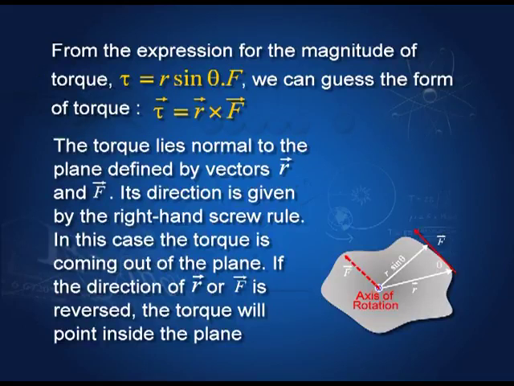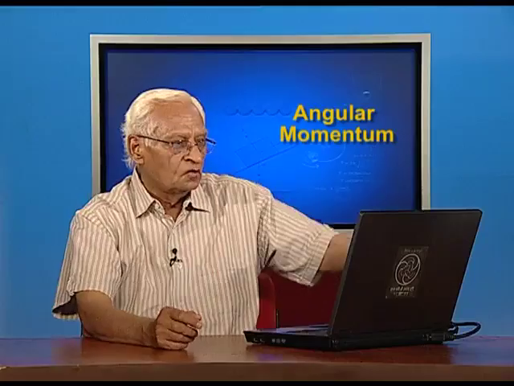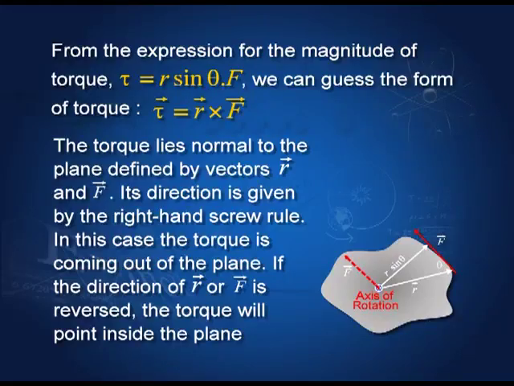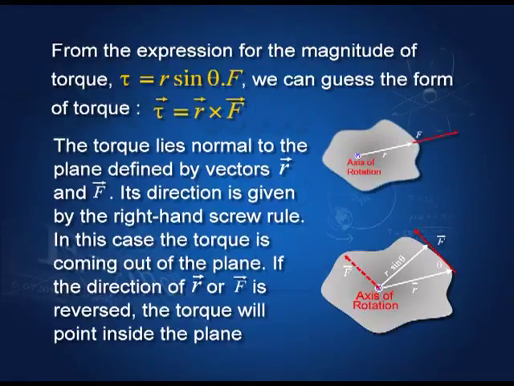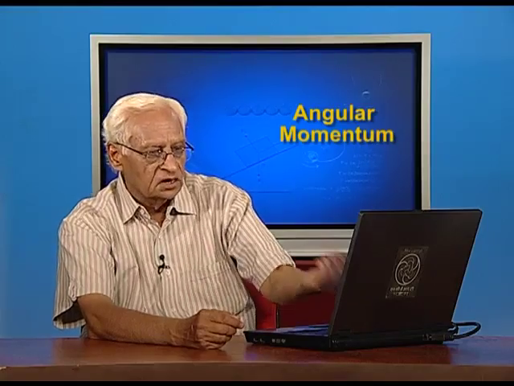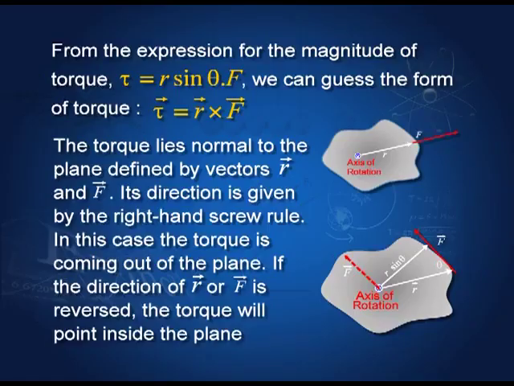From this we can take a cue and write torque as the vector r crossed with vector F. Once again, if you have the 2 vectors, you can find out the direction of the torque. If F is like that and r is like this, then r crossed F would be this way. That means with the right hand screw, if we rotate this way, it comes out of the plane. So in this case the torque vector has the direction out of the plane.